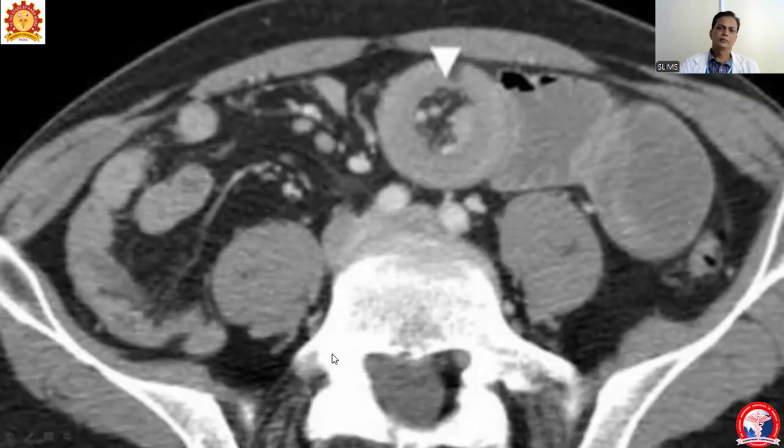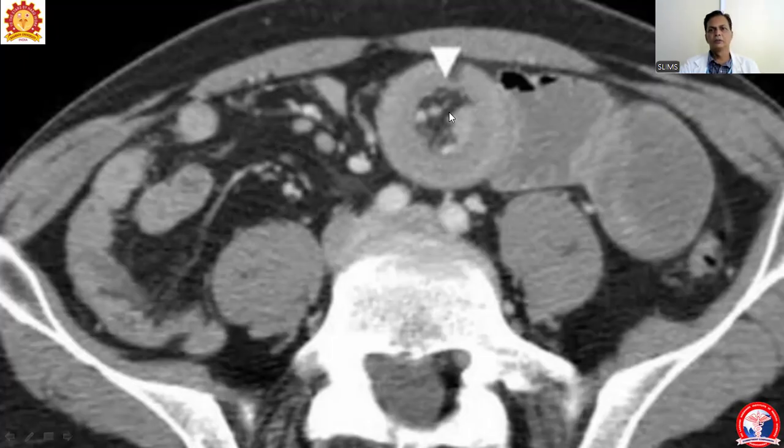This is again a very important case in the pediatric age group. What we are seeing is a similar fat density area within a spherical wall with some blood vessels also. So this is a case of intussusception.